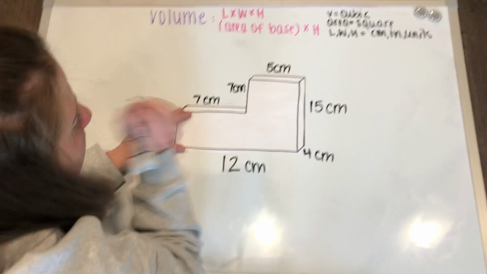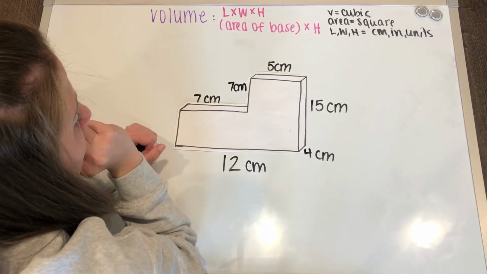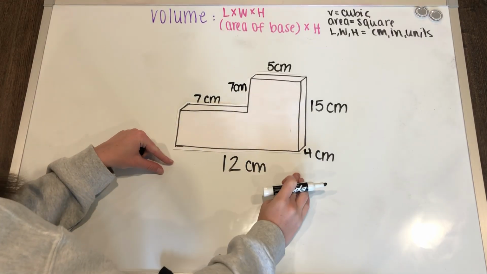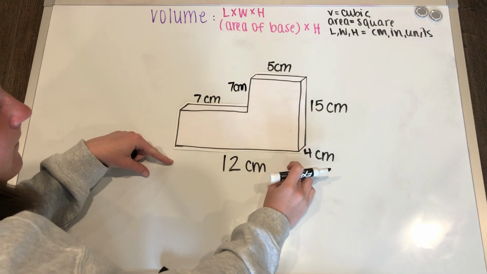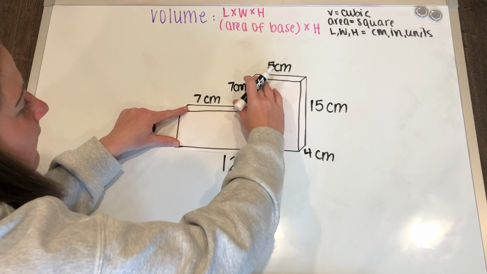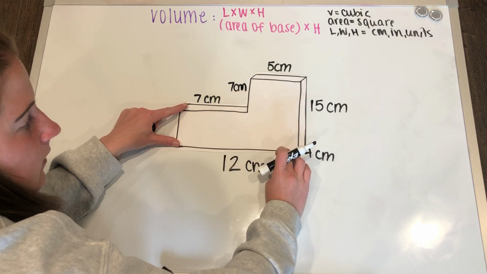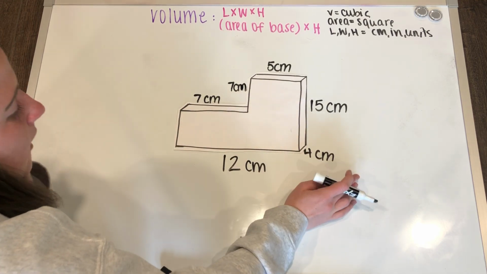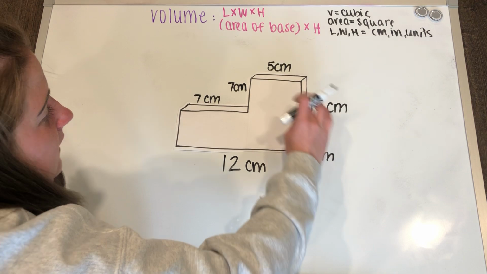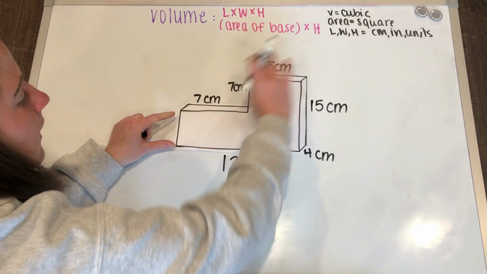So we need to think about what we know. Well, we know that this is the total length of the entire prism. And this length is 7 and this length is 5. These two add up to the total length. We know that the width is 4 throughout the entire prism.